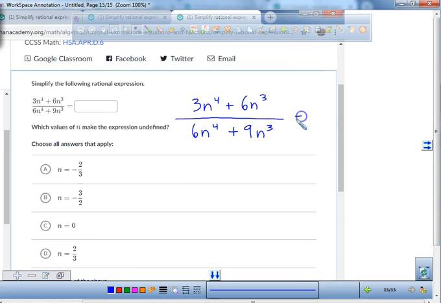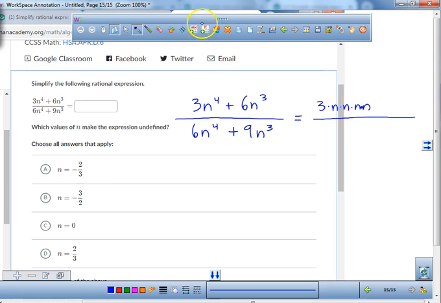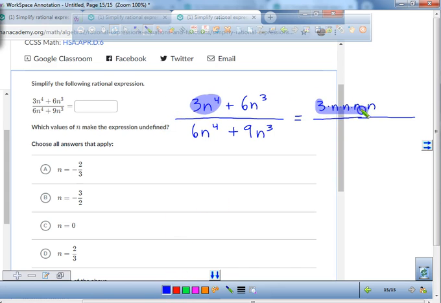So all I'm going to do once again, now as you get better with this, you don't have to break it down into its factors, okay? But I'm going to put 3 times n, times n, times n, times n, just for the video. I just want to make sure everybody knows that 3n to the power of 4, those are all of its factors.